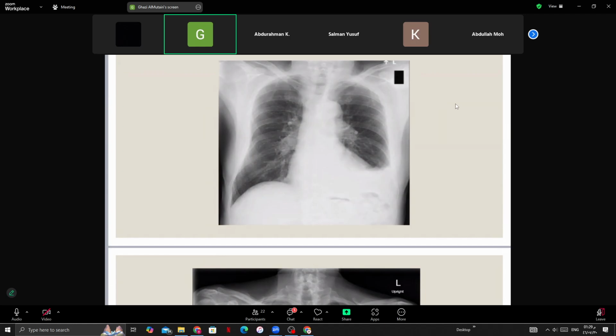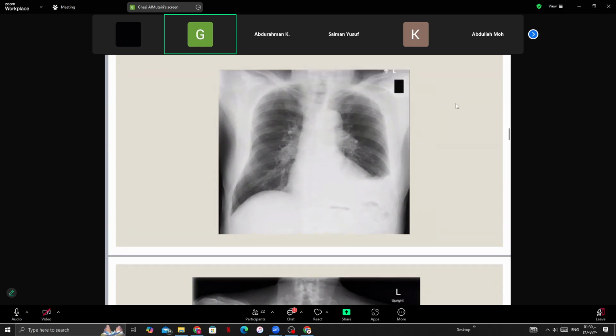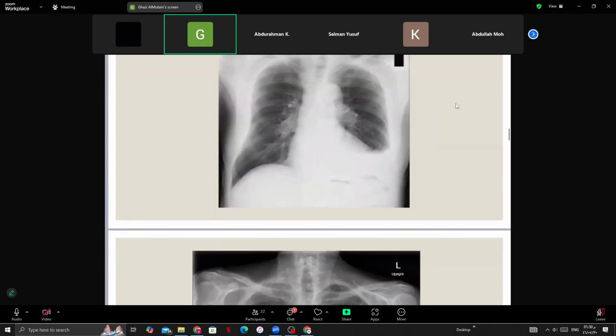So is it effusion or collapse؟ ايش رايكم يا شباب؟ This is a left pleural effusion. You can see clearly the meniscus sign. The degree of effusion, this is maybe moderate or mild effusion.